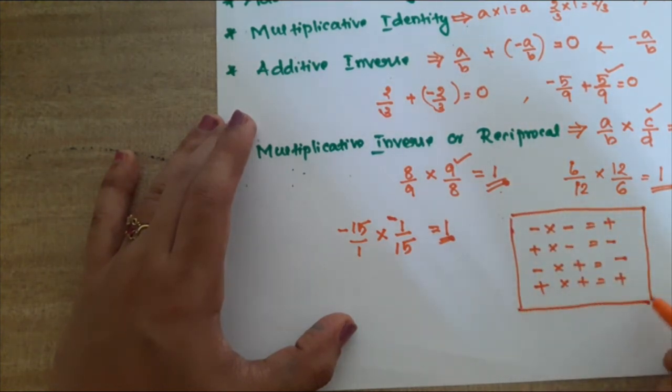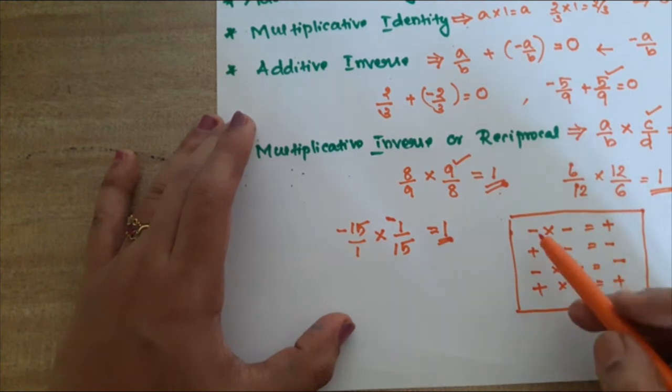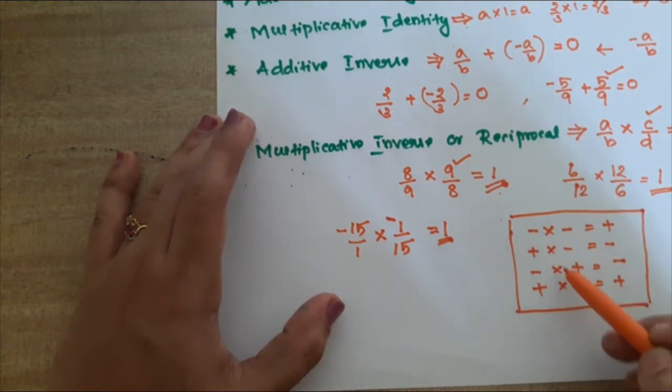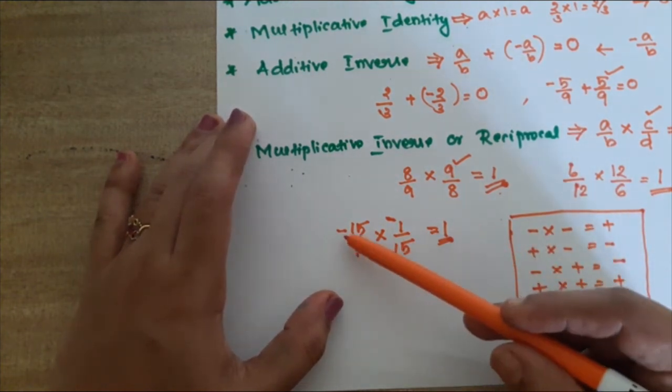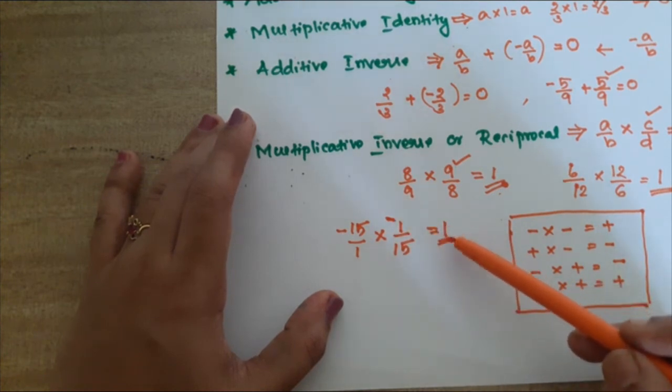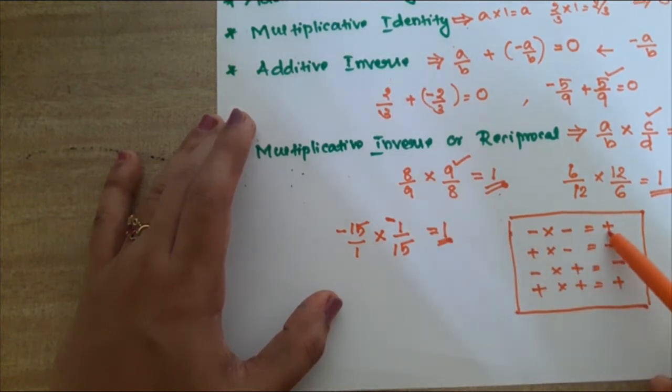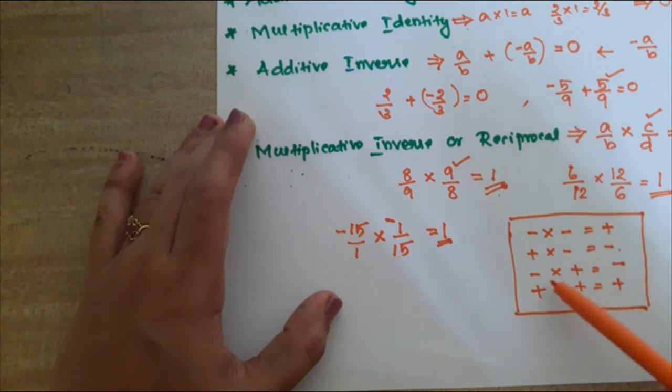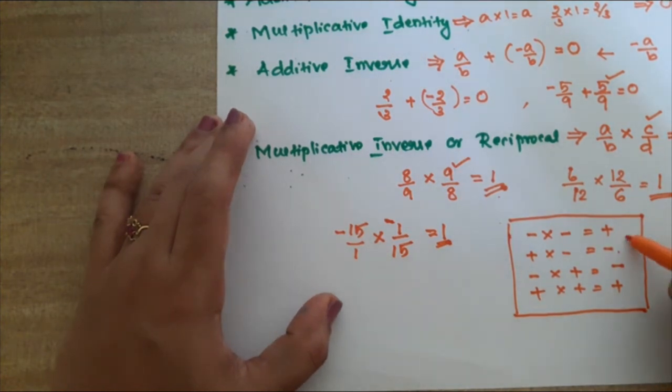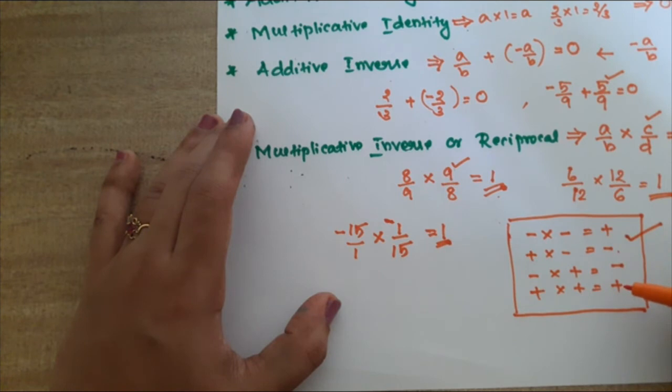This is helpful for all the calculations. This is for multiplication. Only negative into negative gives the positive one.